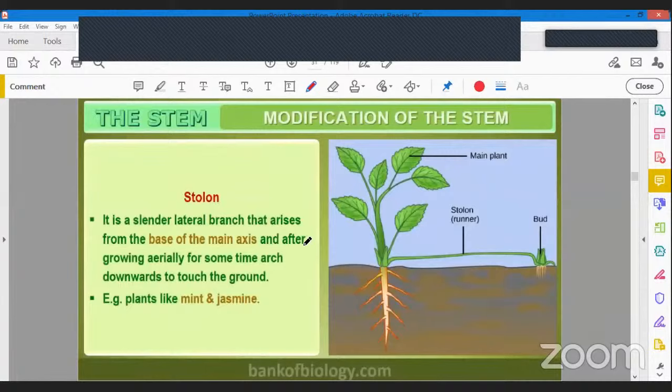Can you see here? It is arising from this part, from the base of the main axis. Then it is growing like this, growing aerially. At some point it will arch down and touch downwards. It will grow like this. For example, plants like mint and jasmine.